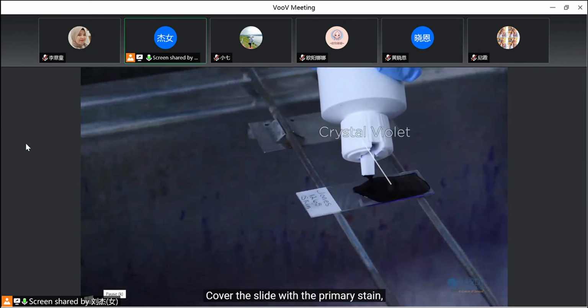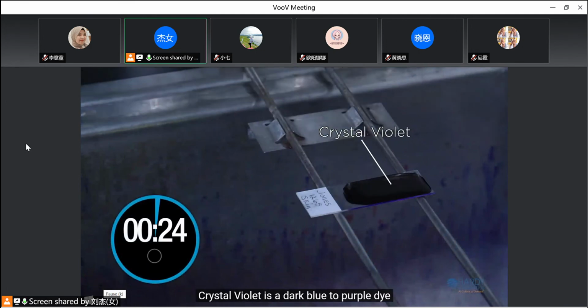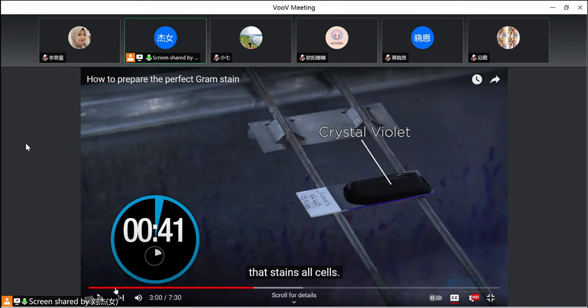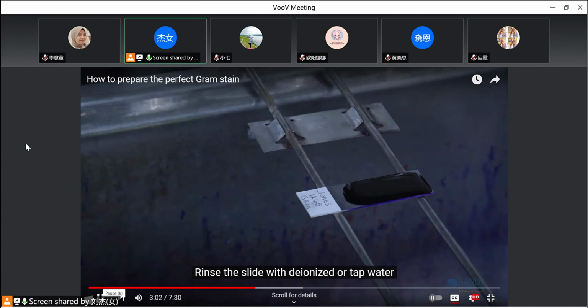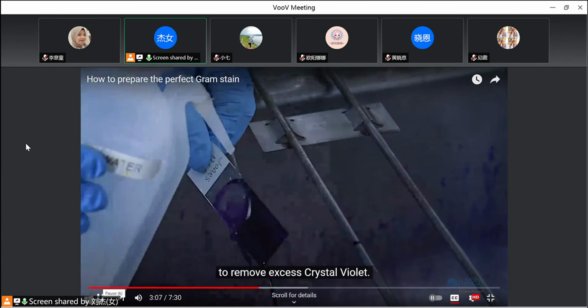Cover the slide with a primary stain, crystal violet, for 1 minute. Crystal violet is a dark blue to purple dye. So the first reagent is the crystal violet. The color is dark blue. Just cover it and wait for 1 minute, as it stains all cells. Rinse the slide with deionized or tap water to remove excess crystal violet.